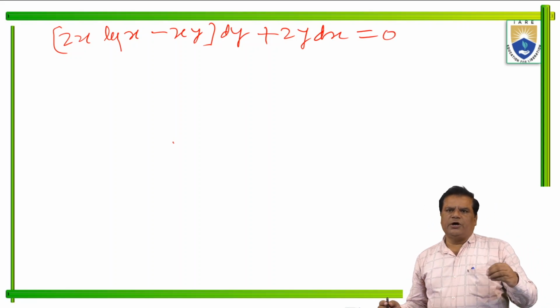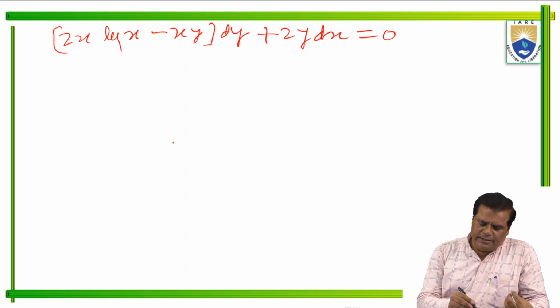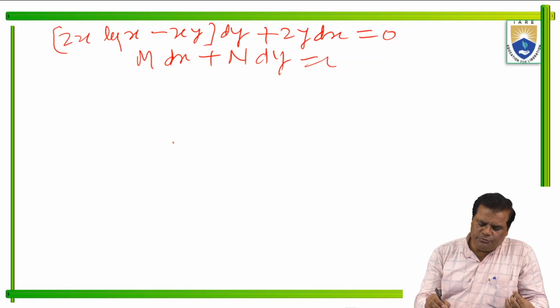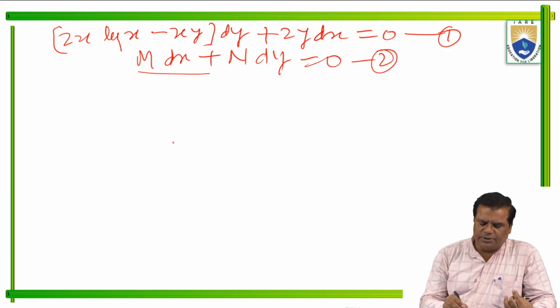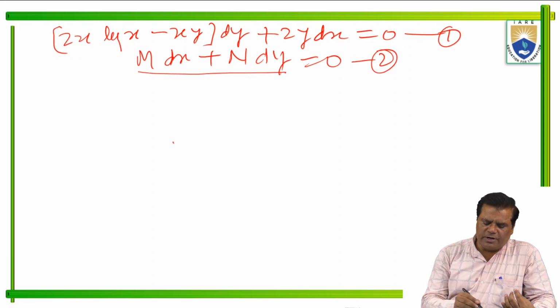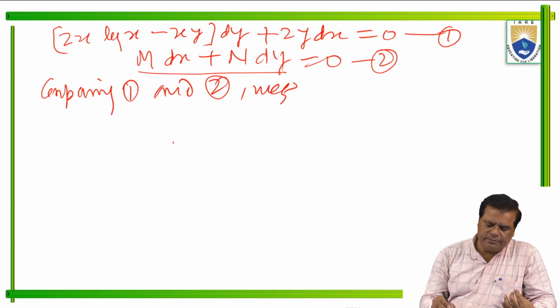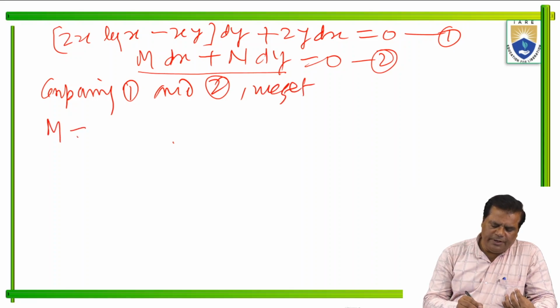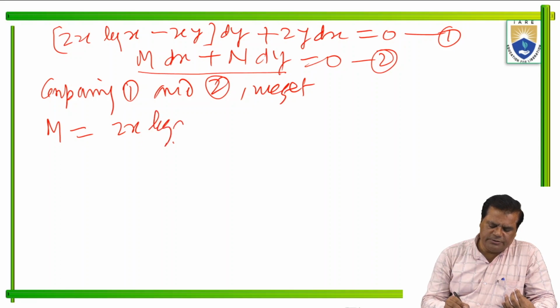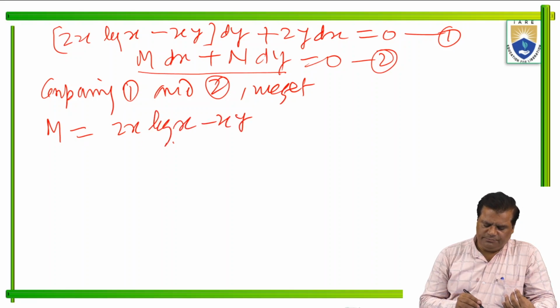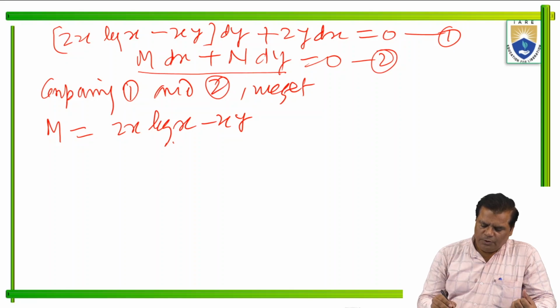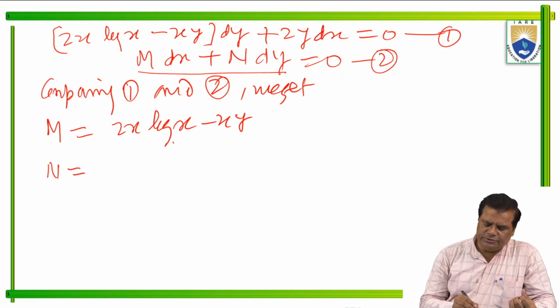First of all, this is a non-exact differential equation. Here M dx plus N dy equal to 0 is equation 1, and this is equation 2. This is the general equation and this is the given question. Now comparing 1 and 2, we get M is 2x log x minus xy, and N is 2y.